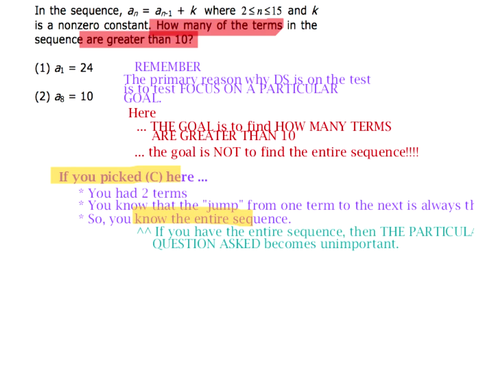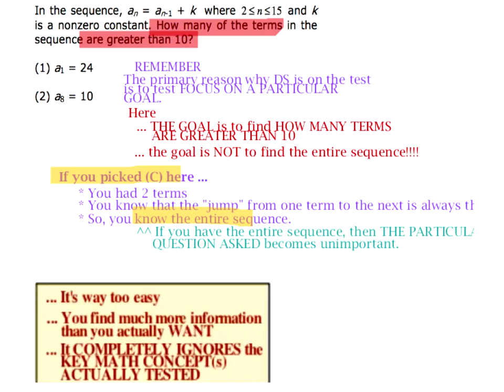Here's a graphic from last session if you saw it. If you didn't see it, you might want to go to the archive and check it out. But if the following things are true about choice C, then it's a trap, don't pick it. It's way too easy. That means that there's literally no work.